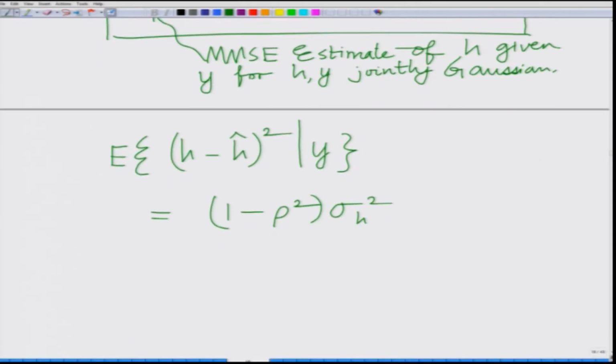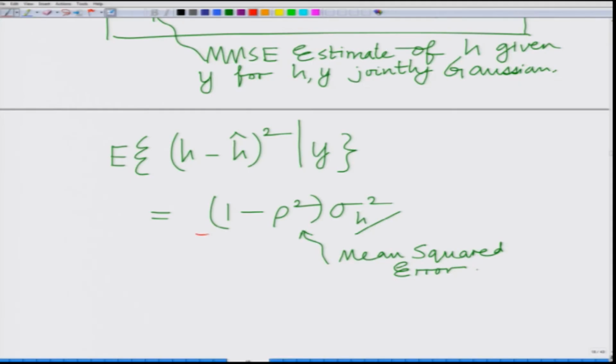So, this is the mean squared error, and something very interesting can be observed from it.